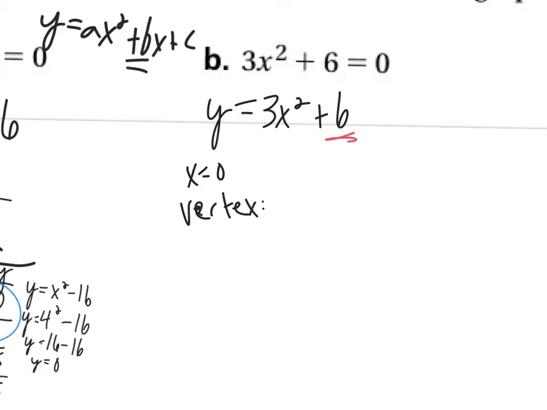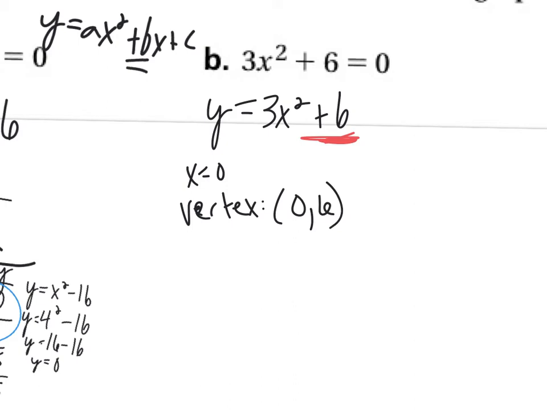remember we talked about how this value of c can shift our graph. So y equals x squared, our vertex is at 0, 0. So for this, the vertex would be at 0, 6, because that's shifting our graph up 6 units.